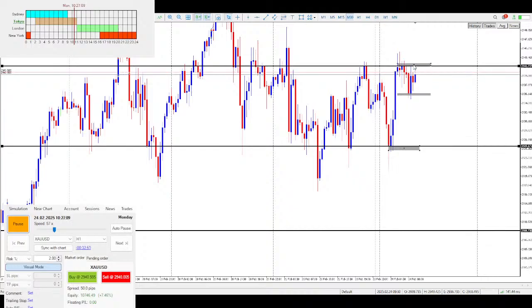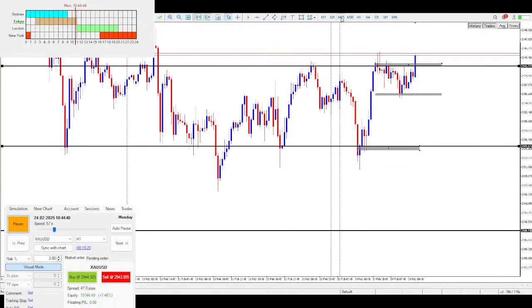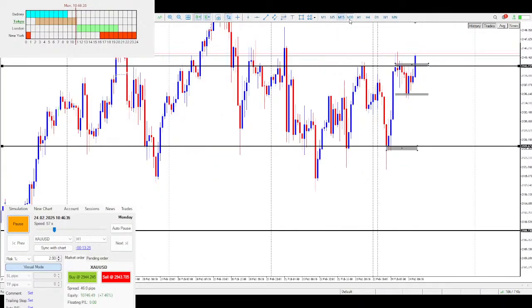Price is ranging. Wait for price to close out of that range, and I'll see what to do. Price is approaching the London Open. This is the last 15 minutes for that 1 hour time frame to close.